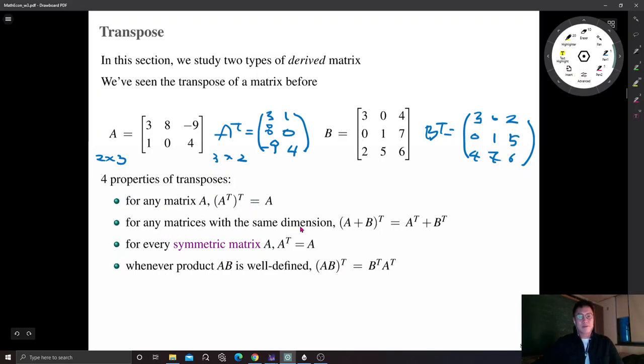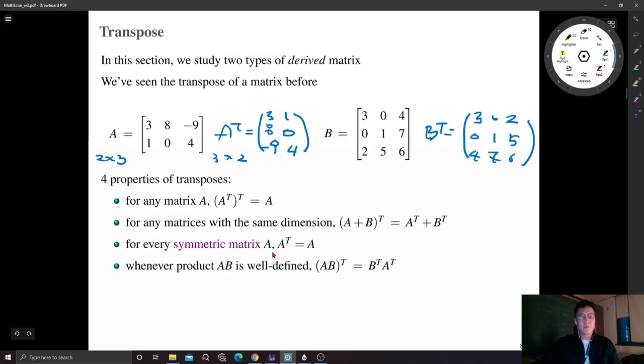The second property: for any matrices with the same dimensions, so that A plus B is well defined, we can distribute the transpose to each matrix. The transpose of the sum is the sum of each transpose, A transpose plus B transpose.